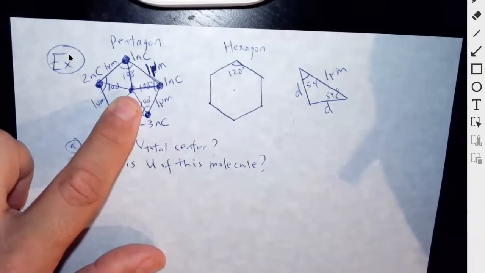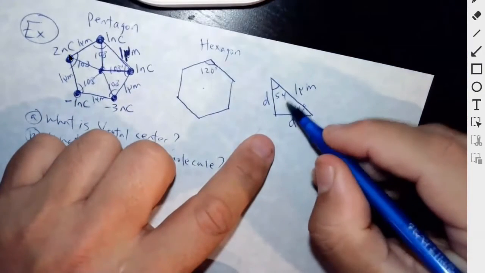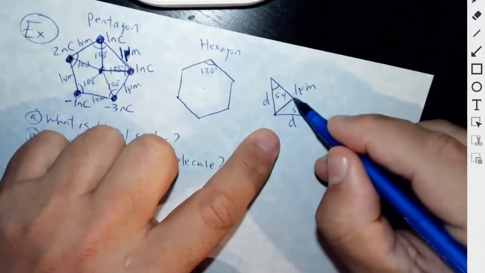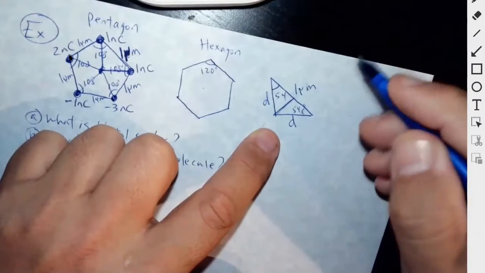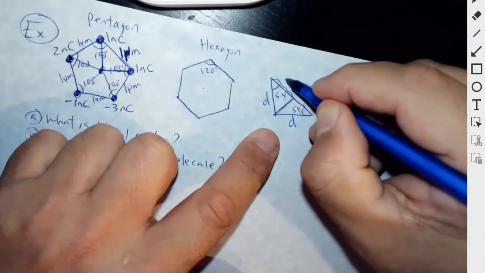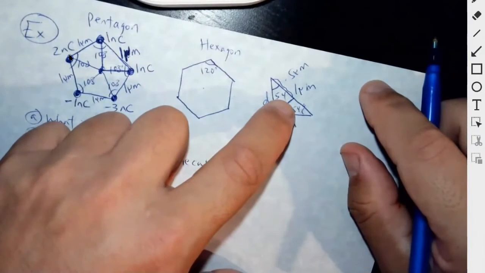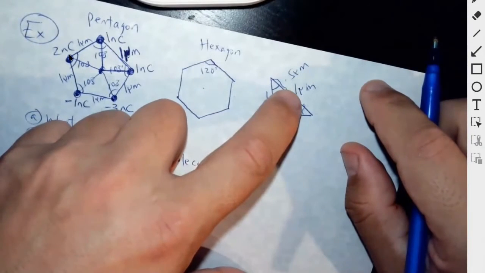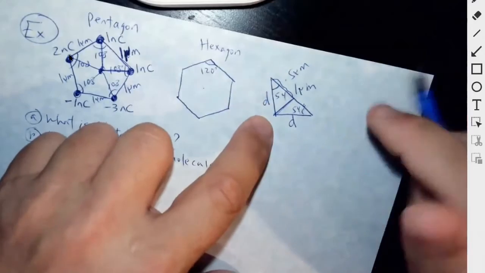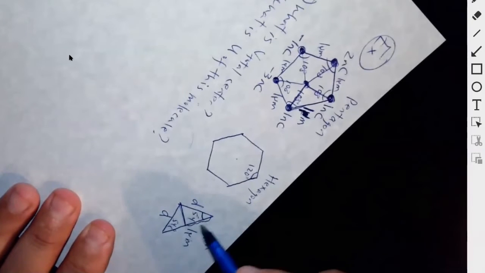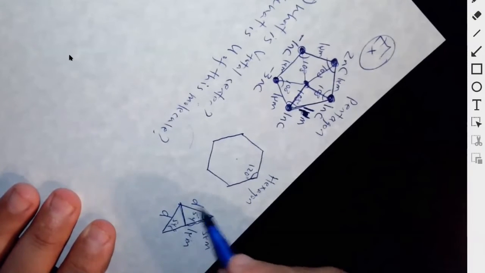I guess we could say, so this is 1 micrometer. This from here to here is 0.5 micrometer. Right, so cosine of 54 is 0.5 over d. If you view it this way, cosine of 54 is the adjacent over the hypotenuse, right?